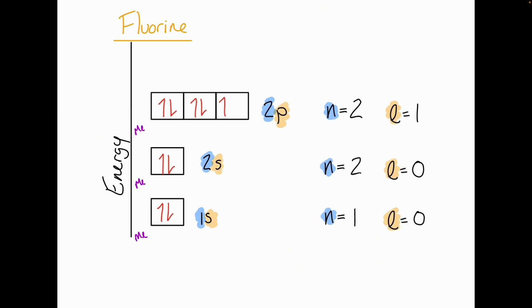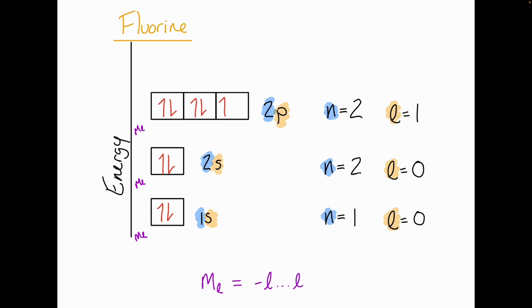All right, and again, m sub L can take on a value from negative L all the way to positive L. So for this 1s orbital, my value of L is 0. What's going to be the magnetic quantum number of this box here? 0, right?